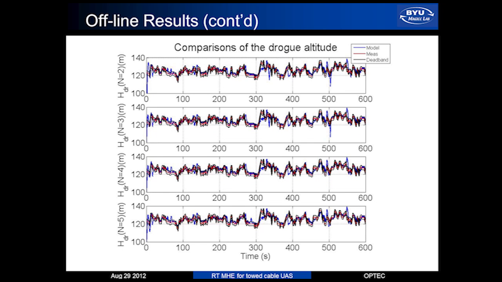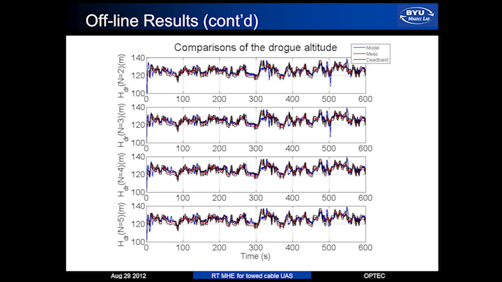I will give an explanation later. This is the comparison of the yoke altitude of both the simulation and the flight test. The blue line is the value from the model, the red one is the real yoke altitude in the flight test, and the black one is the dead band.